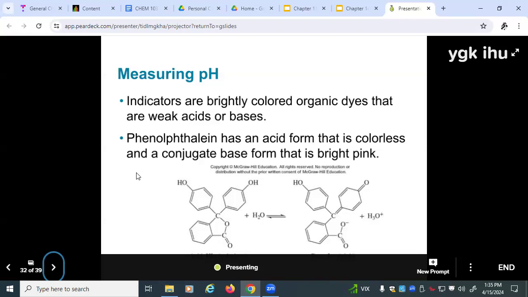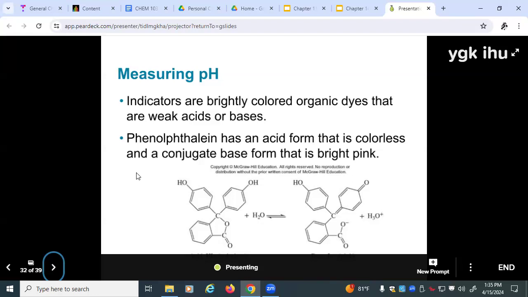Where it gets used most often is in a titration situation. And in a titration, since we are looking for neutralization, we're looking for somewhere near pH 7. And at pH 7, this phenolphthalein indicator actually takes on a rose pink color, as opposed to that brighter hot pink magenta color.